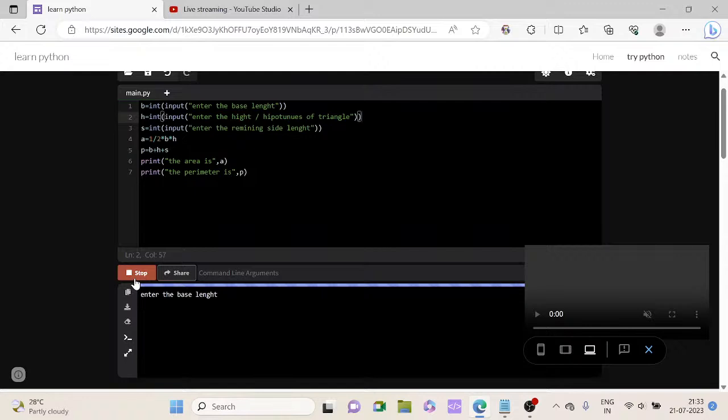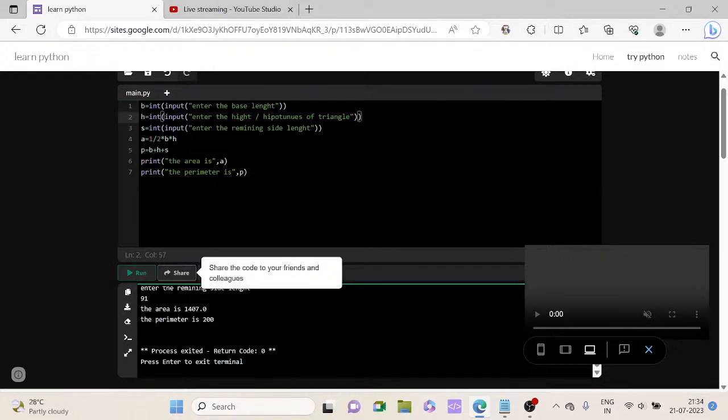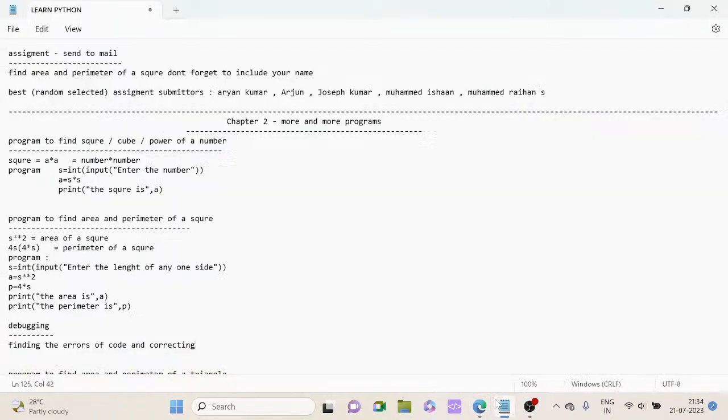Here 67, 42, 31, or 91. See, now the area is 1407 and the perimeter is 200. So like this you need to find.